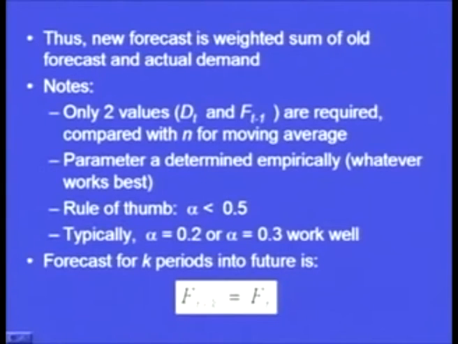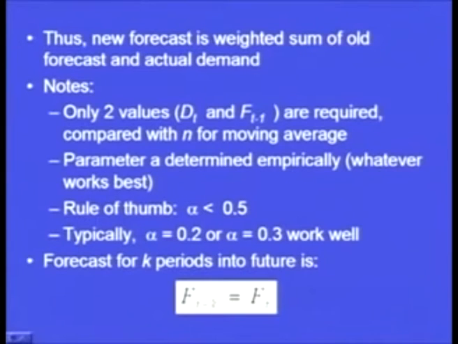What are these notes? Only two values, dt and Ft minus 1, are required. So, only the actual demand and the forecasted value Ft minus 1 are required, and this data can be used for generating the forecast for the next year.